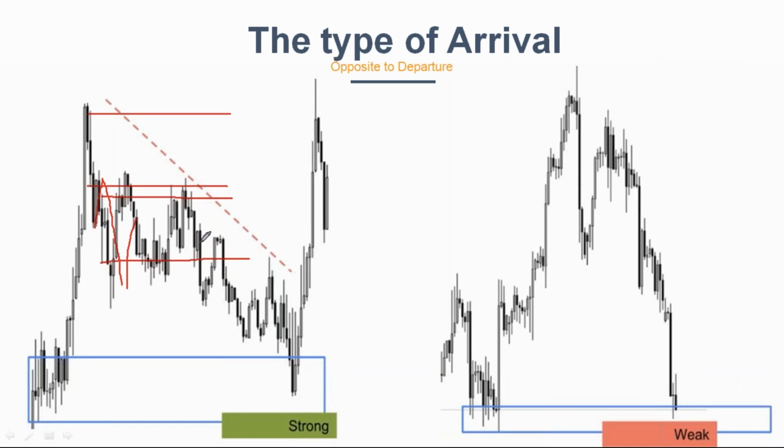Now look at this one. Drop, base, rally. This is a zone. It came and tested here. Gone. Rally, base, drop. This is one Chotu zone. Can you see this? This is the only untested zone here. Rally, base, drop. Can you make out this one, friends? Now what happened?